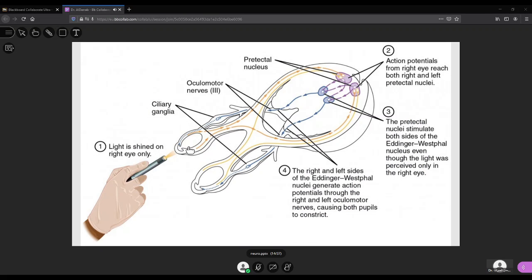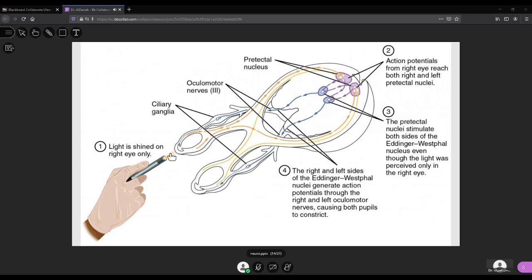So this is the light stimulus. First, the light is shined on the right pupil. Then the action potentials from the right eye, this is the right eye, reach both the right and left pretectal nuclei. So the light, this is number one, goes to the right and left pretectal nuclei. Then the pretectal nuclei stimulate both sides of the Edinger-Westphal nuclei, even though the light was perceived only in the right eye.